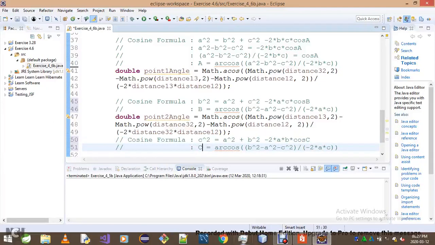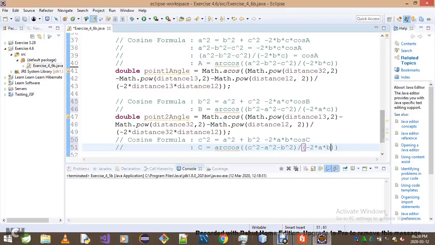So here it's going to be C squared minus A squared minus B squared, and then all over minus 2 times A times B instead of C.